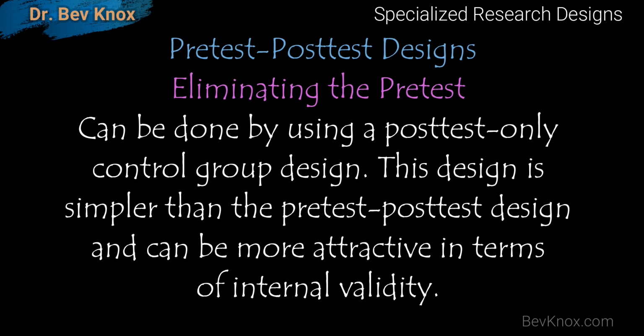Next, it is the elimination of the pre-test. In experimental research, eliminating the pre-test can be done by using a post-test only control group design. This design is simpler than the pre-test, post-test design and can be more attractive in terms of internal validity.